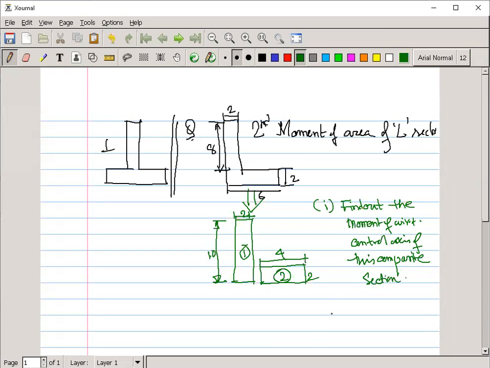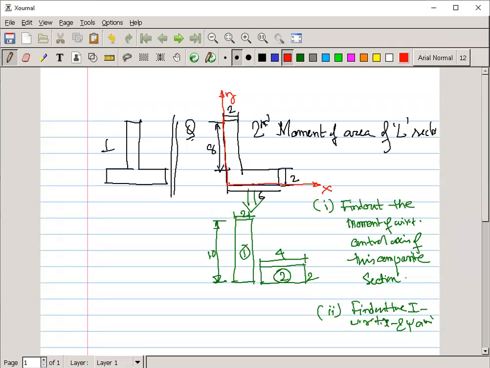And second, find the same moment of inertia with respect to the x and y axes. Suppose the x and y axes are given like this: this is your x, this axis is your y. I think my question is understandable. You can understand the question now, right?